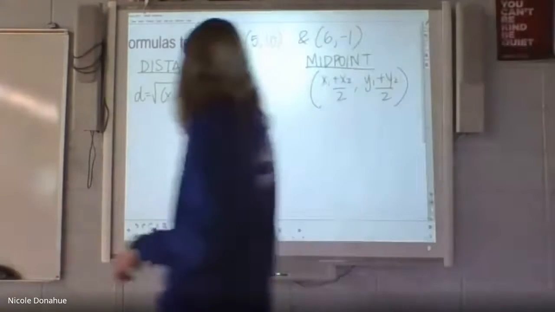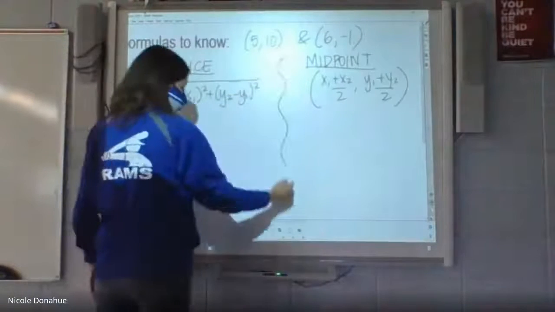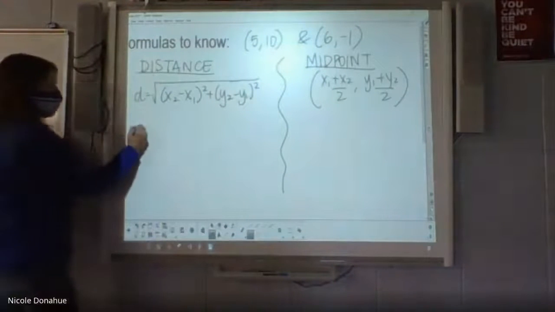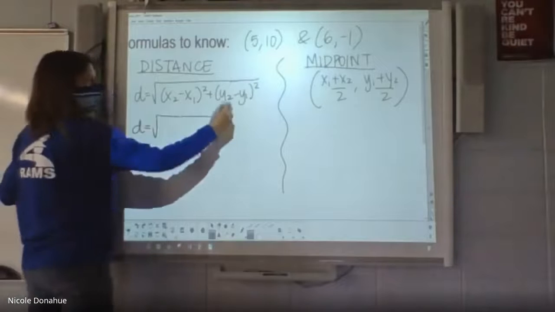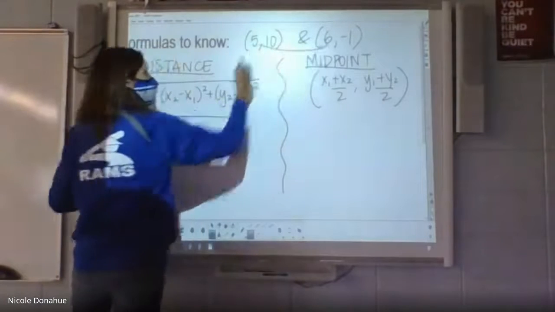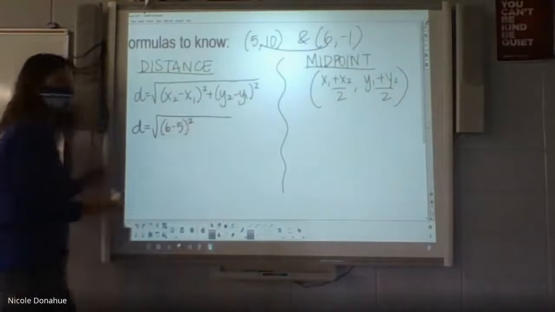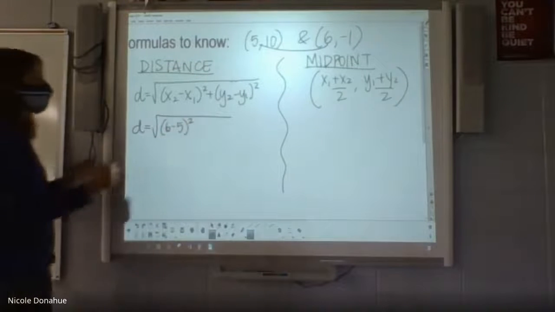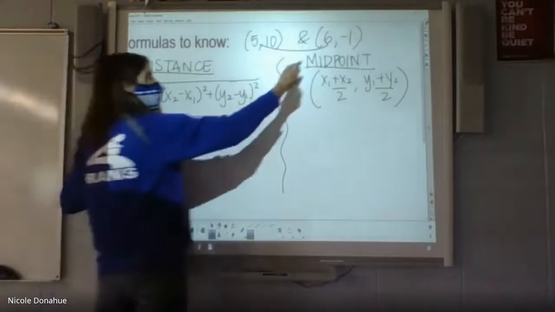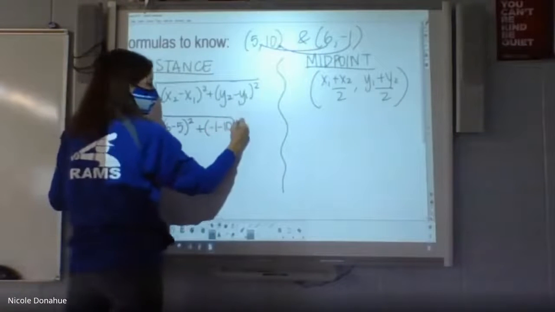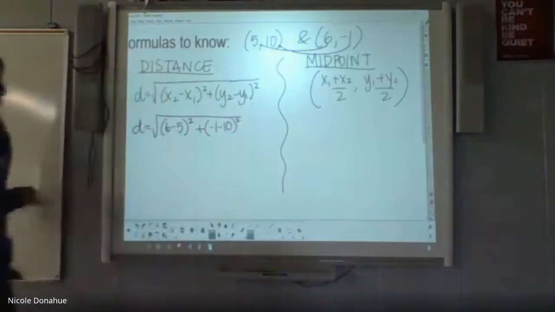All right. So I'm going to do each of these. So distance. I'm taking the x's and subtracting them. So I'm doing 6 minus 5. And then I have to square it. Plus, I'm doing the y's and subtracting them. Negative 1 minus 10, and I'm squaring it.